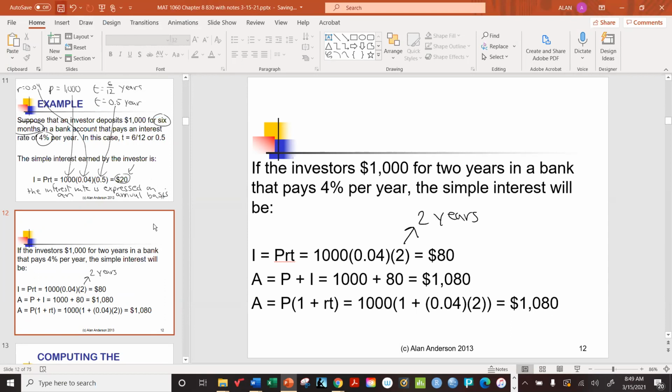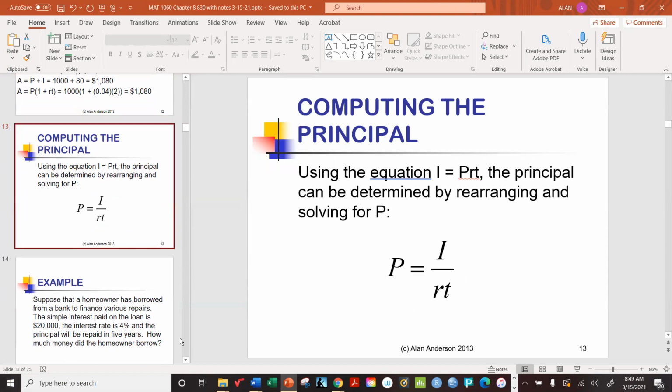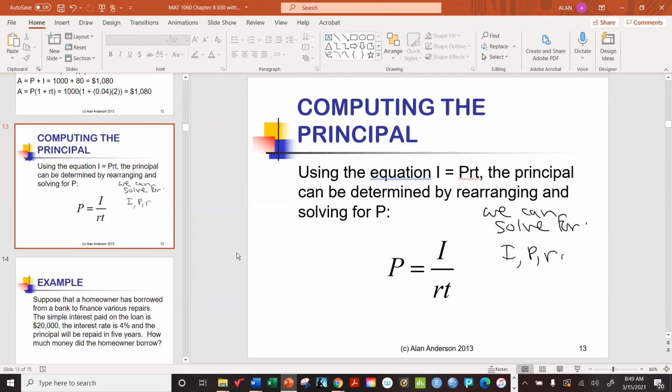All right, now, what we did next was we saw that our original formula, I equals PRT, can be rearranged algebraically to solve for any variable in this equation. In other words, we can solve for not just I, but we can solve for I, P, R, or T. All we have to do is rearrange it algebraically.